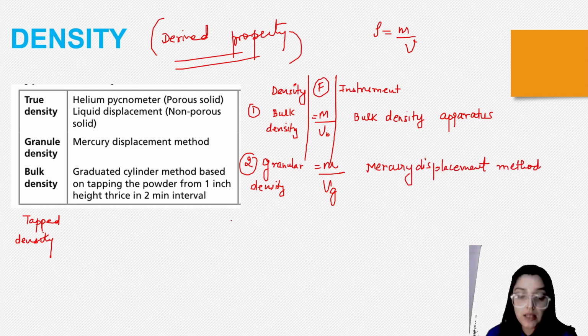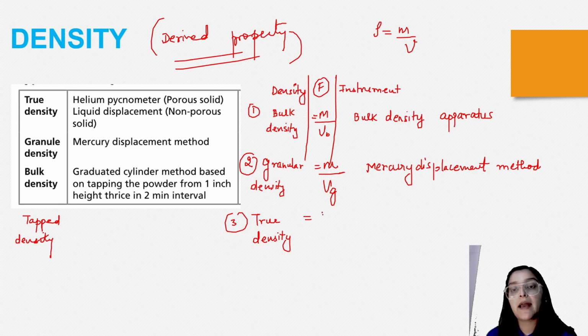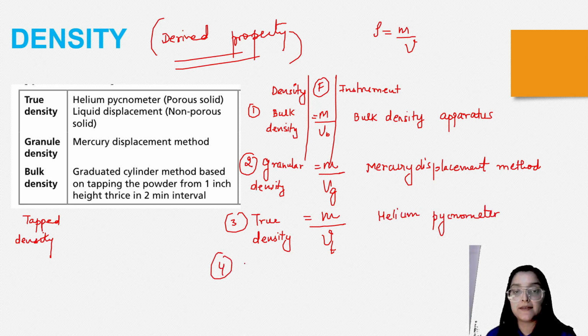Okay. Third one is your true density, which is based upon the actual content of the powder, which will be mass upon the true volume, right? It is measured using a helium pycnometer. Last one is your tap density.